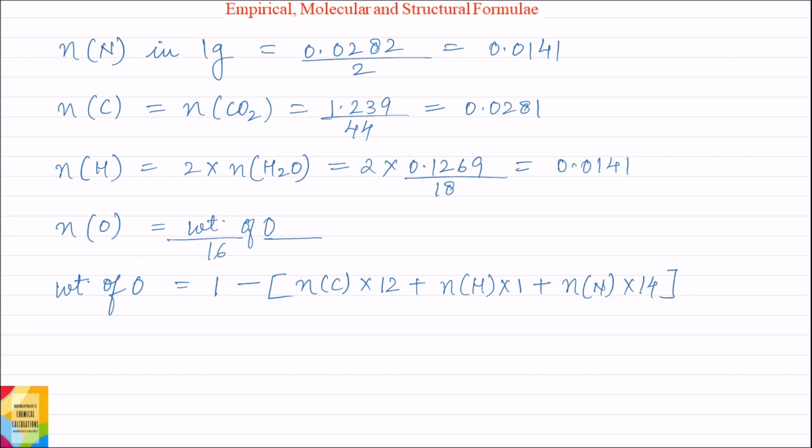So from the weight of the compound, which is 1 gram, we subtract the sum of the weights of carbon, hydrogen and nitrogen, and we get the weight of oxygen as 0.4513 grams. So moles of oxygen will be equal to 0.0282 moles.